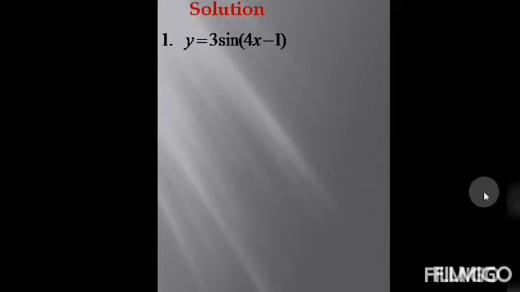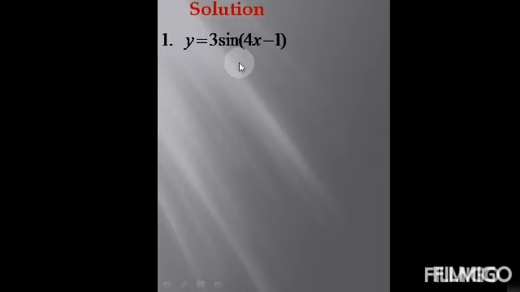Let's solve the first question. First question is y is equal to 3 sine of 4x minus 1. If you take a look at this expression, you have a double function here, sine, and you have 4x minus 1. So to solve this, you are going to be using chain rule.